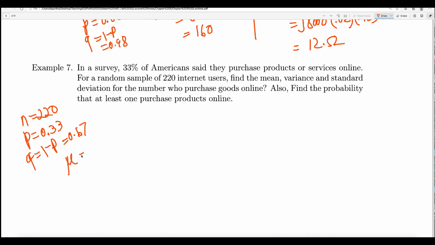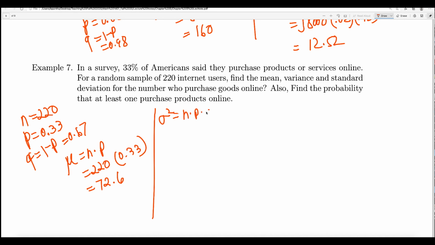For the first one, find out the mean. Mu is N times P, right? That will be 220 times 0.33. That will be 72.6. Now, how do you find the sigma? You need to find the variance too. Sigma square will be N times P times Q, right?